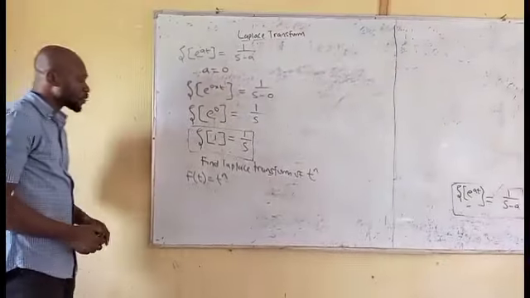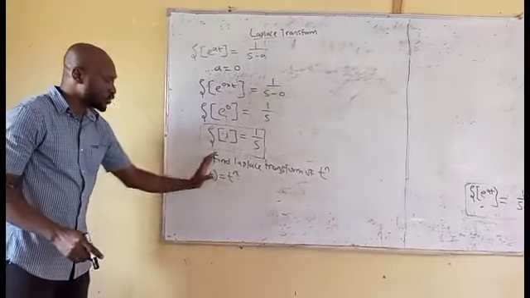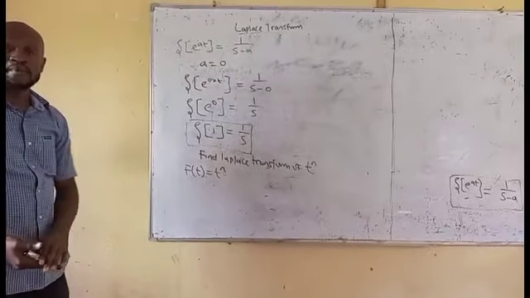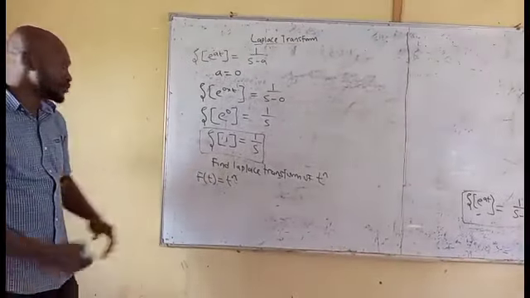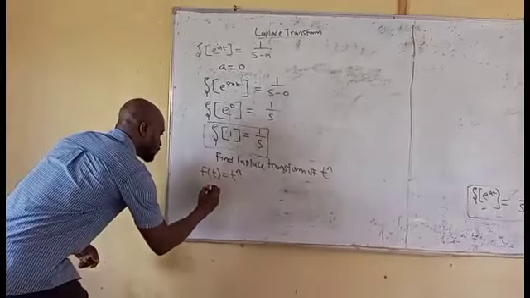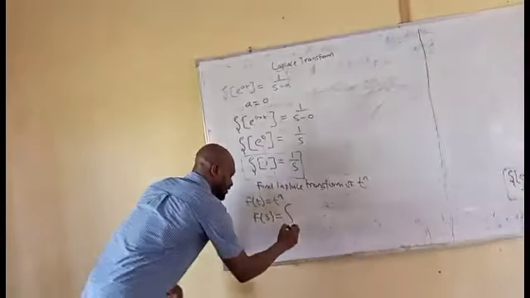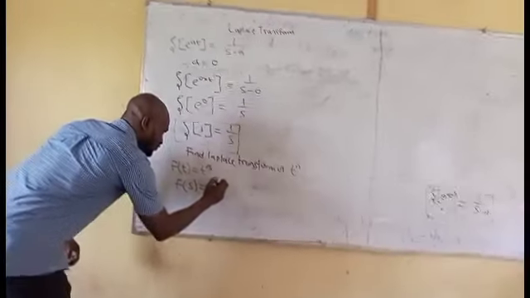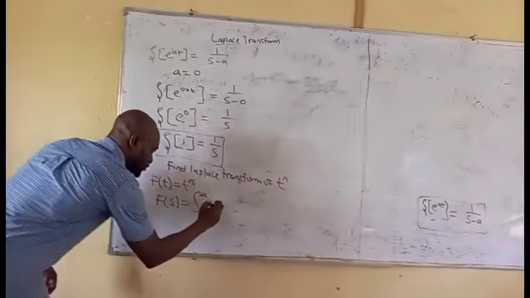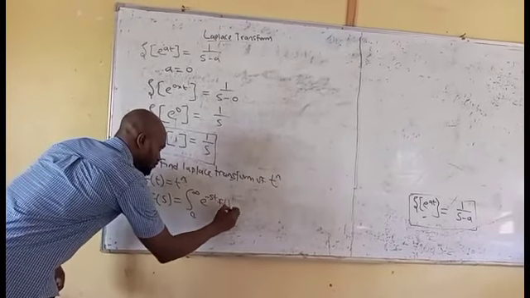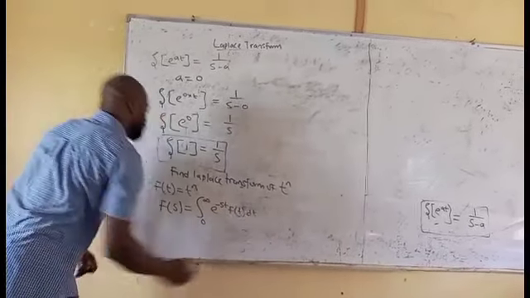So all you need to do is use the formula for Laplace transformation, and that formula will give you F of s equals the integral from 0 to infinity of exponential raised to the power of minus st multiplied by f of t times what? dt.